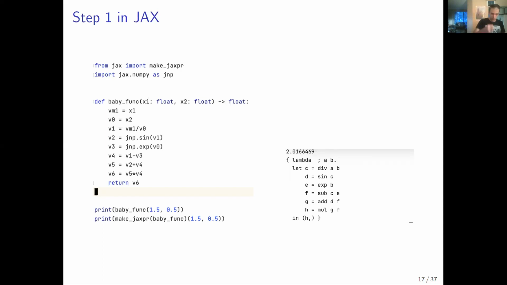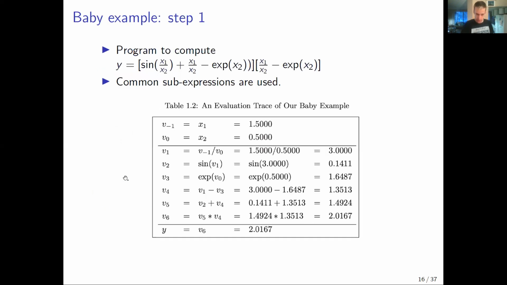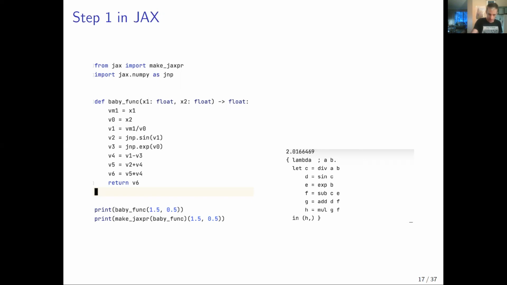In this example, we just define a function in Python using basically the steps from this evaluation procedure. And then what you can do in JAX is call a JAX function called make_jaxpr on baby function, this function we define. And make_jaxpr just shows you JAX's internal representation of the function.